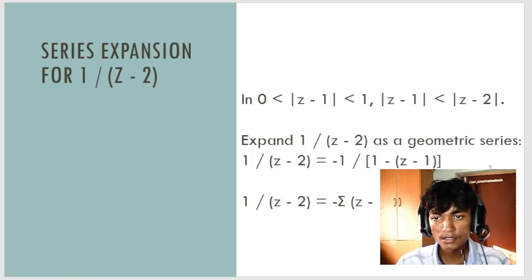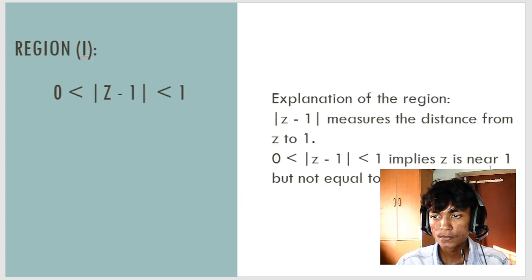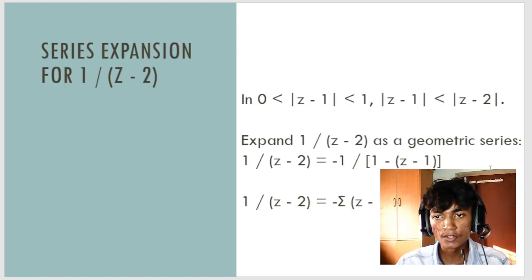Series expansion for 1/(z - 2): in this region, |z - 1| is less than |z - 2|. Expand 1/(z - 2) as a geometric series: 1/(z - 2) = -1/(1 - (z - 1)), which gives 1/(z - 2) = -Σ (z - 1)^n.